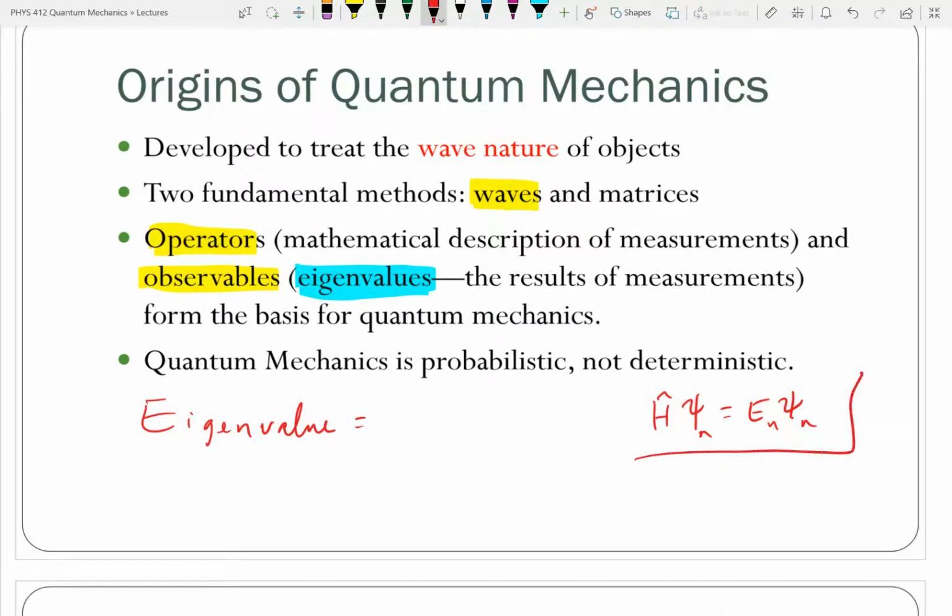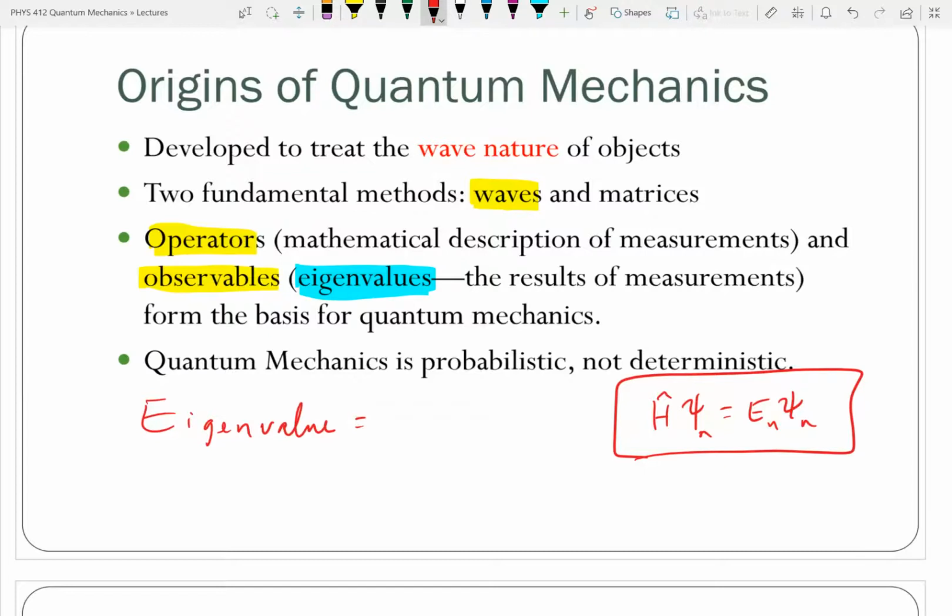Here is a good way of writing the relationship that you articulated in words. The operator acting on a specific state. What do we call that specific state? Okay, the eigenvector or eigenstate. Either one works. I'm differentiating that from wave function simply because wave function is more general, right?